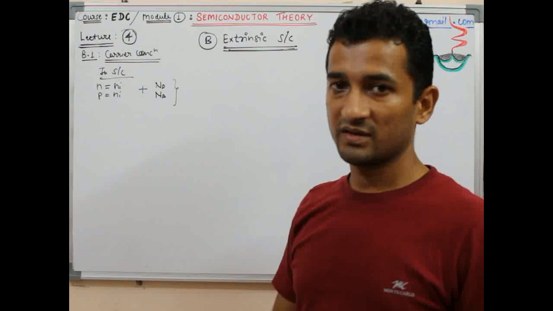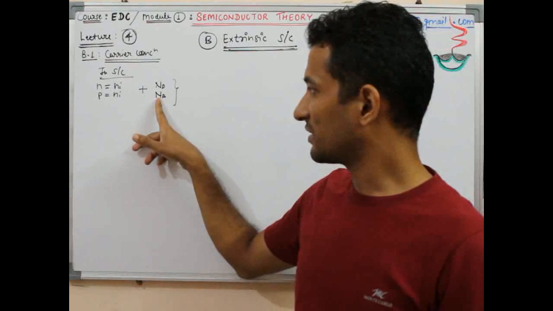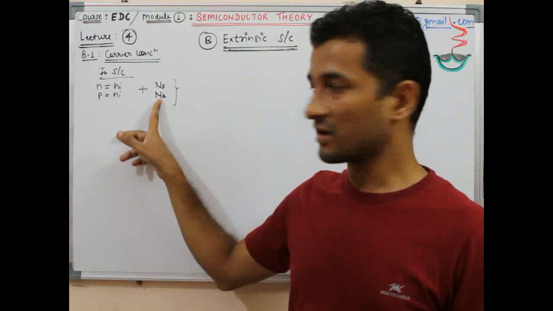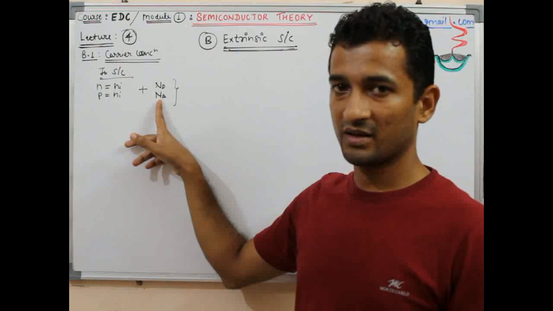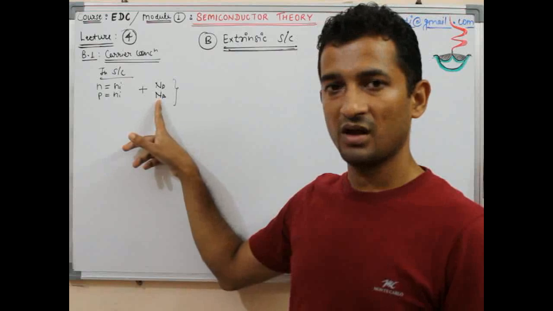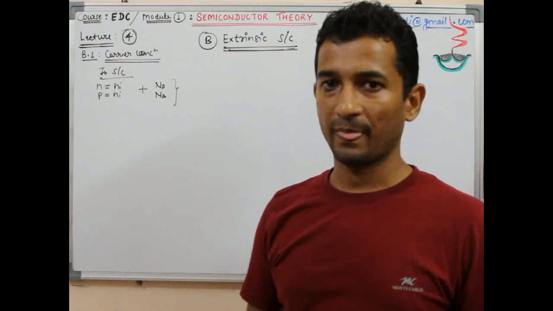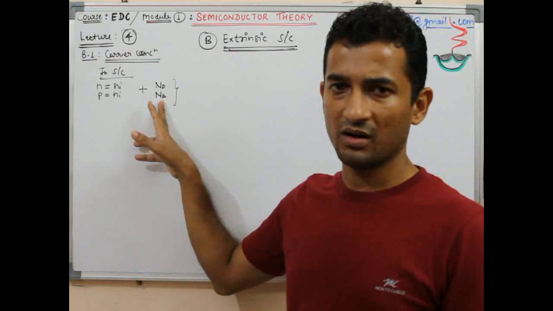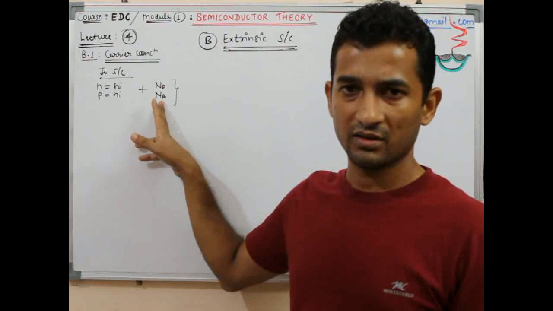The same story will happen with Na. As soon as lots of holes are inserted into the intrinsic, all the electrons will try to recombine with them. But this is like an ocean from which you have drawn some tunnel of water, so it doesn't make any effect on the water content of that ocean.